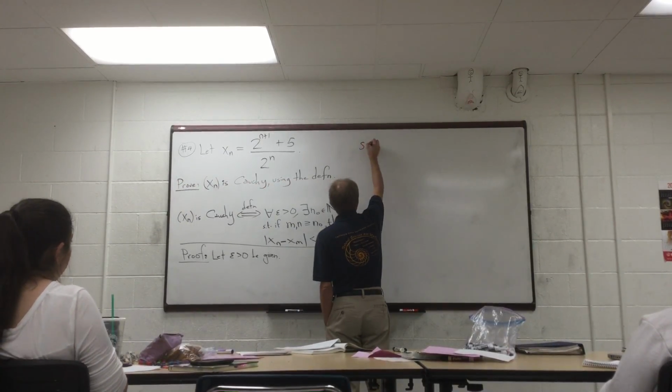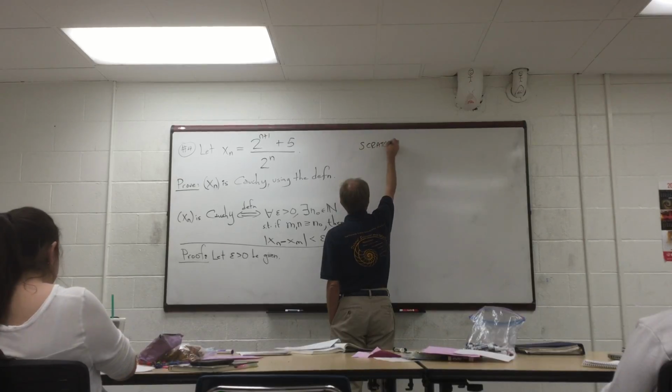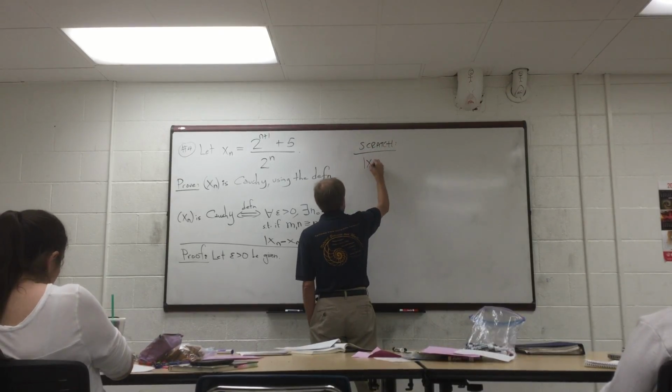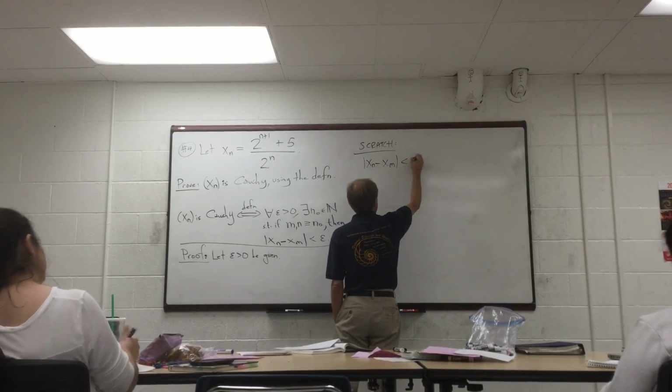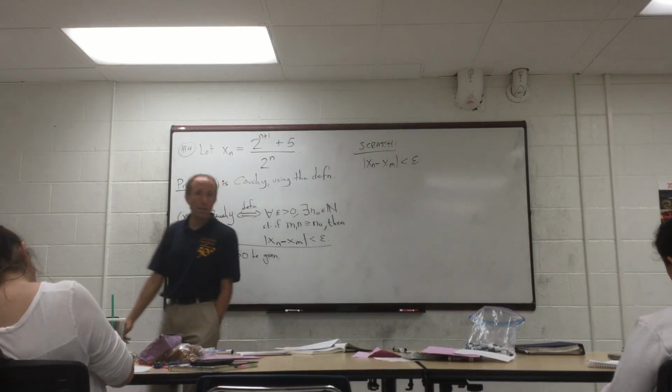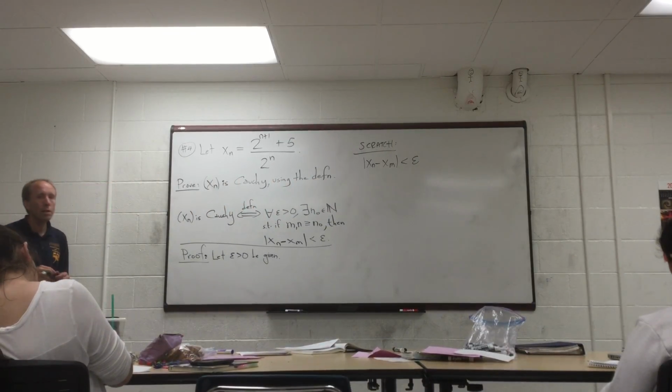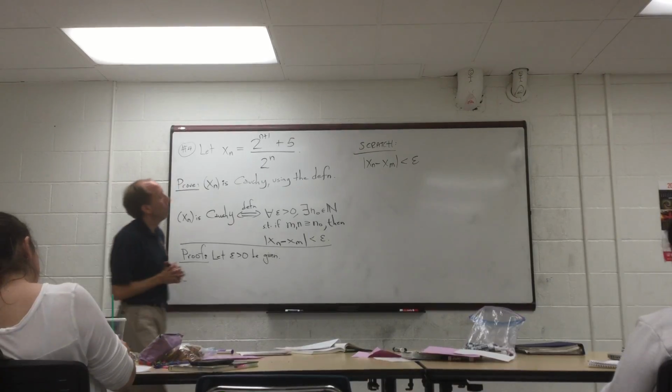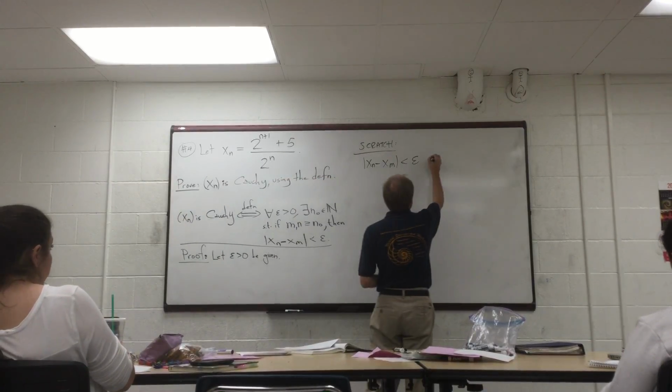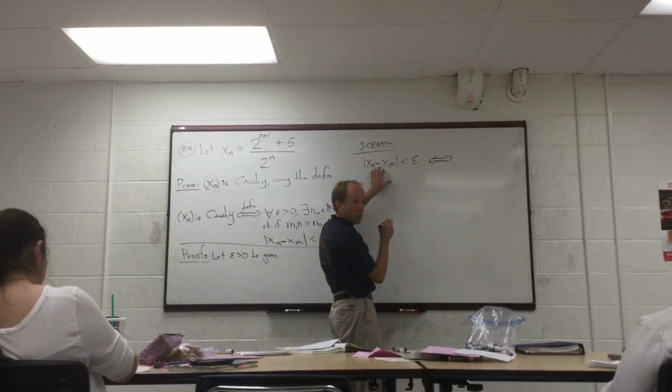So let me come over here and set up my scratch. Basically we're going to work backwards from x_n minus x_m. I can start off by just plugging in what the formulas are here.